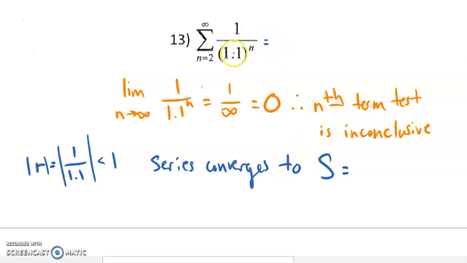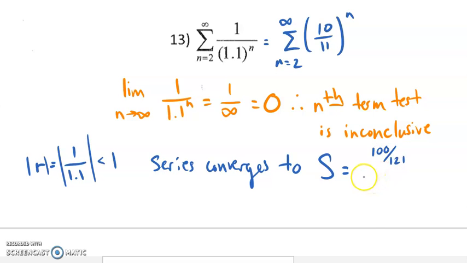Well, let's rewrite this because 1.1 is 11 over 10. So we can write this as 10 over 11 raised to the n. And if n starts at 2 and goes to infinity, then our first term is 10 squared over 11 squared. That's our a value over 1 minus our r value.